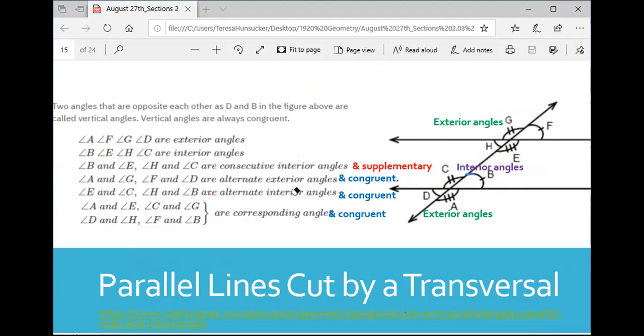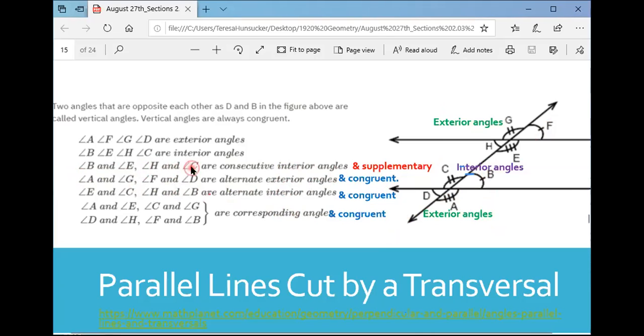And A, G, F, and D. So let's go to A, G, F, and D. Follow your eyes. A, G, F, and D. So we're talking about opposite angles in the exterior. Those are alternate exterior angles, and they're equal.